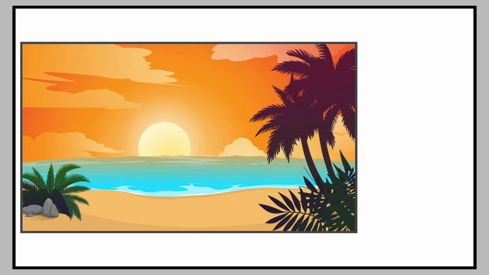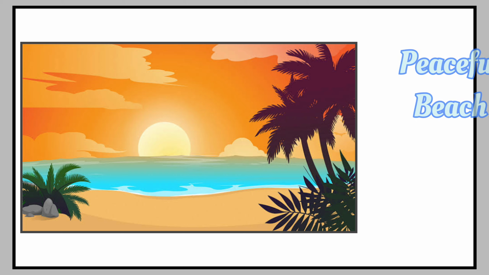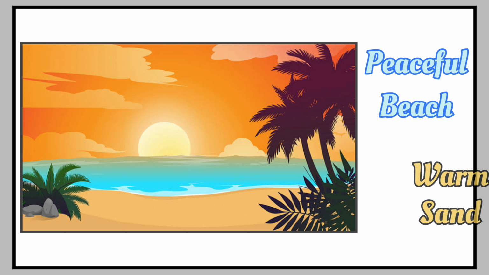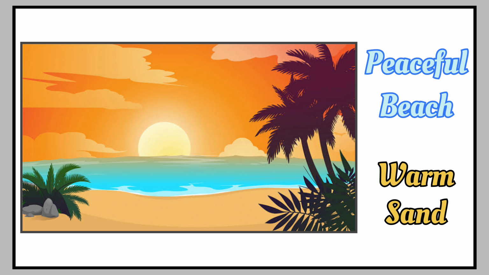Now, let's play a fun game. Look at this picture. Can you describe it using adjectives? For example, I can say, this is a peaceful beach with a warm scent. Now, it's your turn.